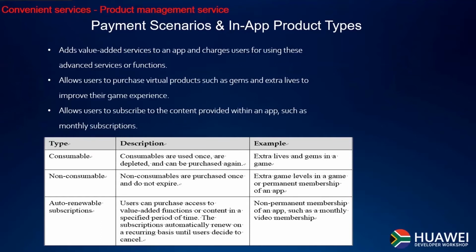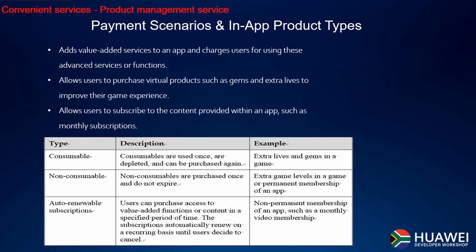So looking at consumables first, these are the things that you use just once on your app and then it's gone. For example, if your game has lives on it and the user has to pay for those lives, then those are the kind of things that your consumables will be, because your users have to pay for them over and over again.